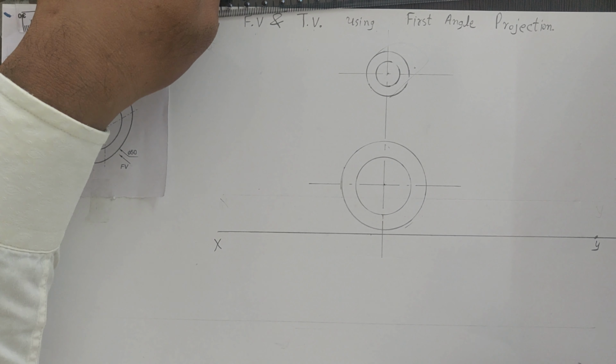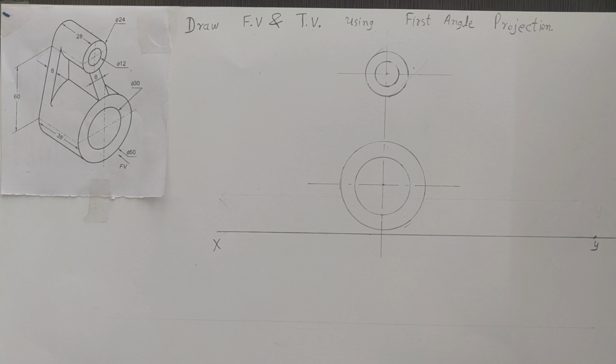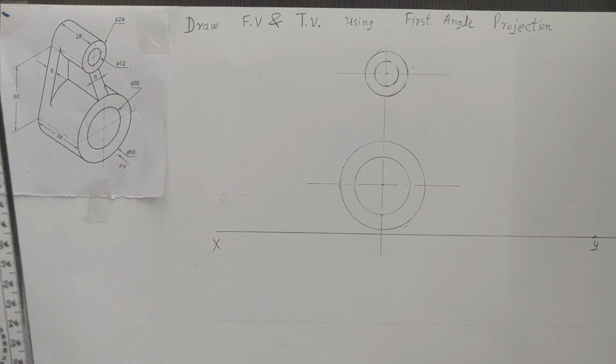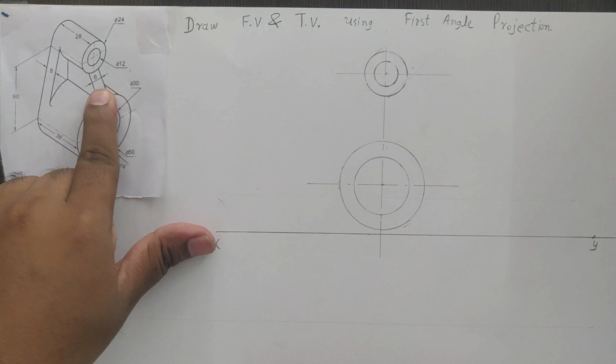Here it's my other center line. Now we are going to draw the rib portion over here, which has a thickness of 8 mm.